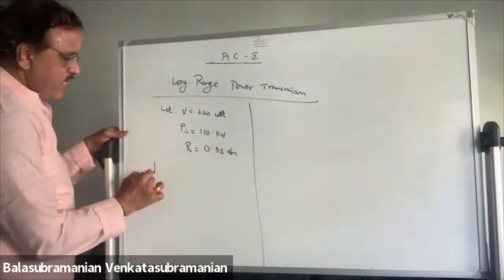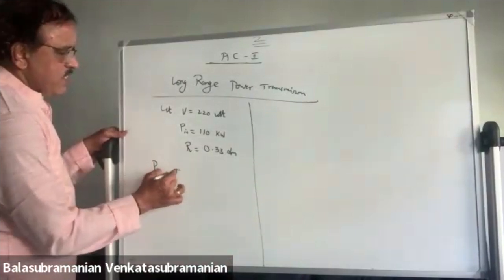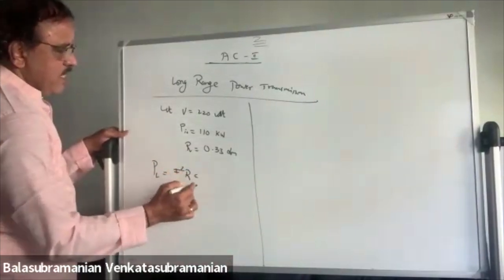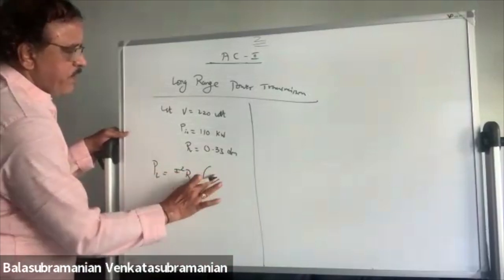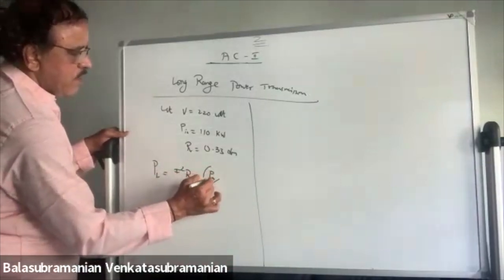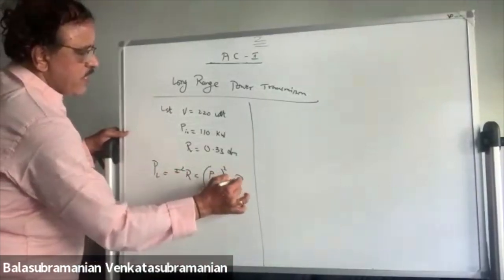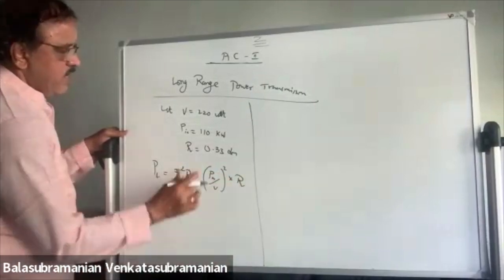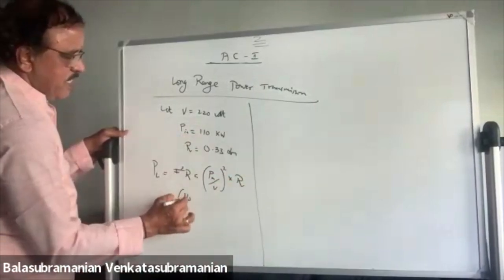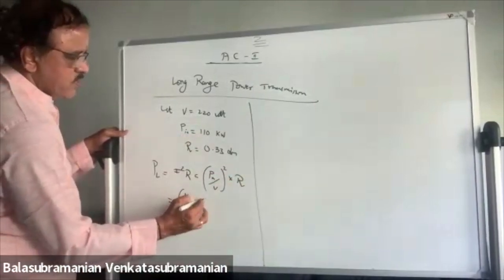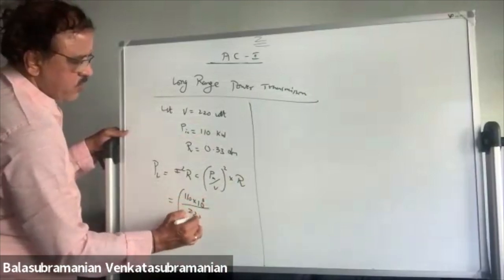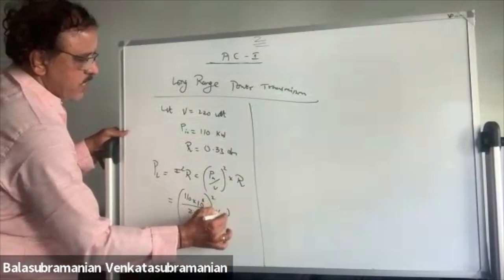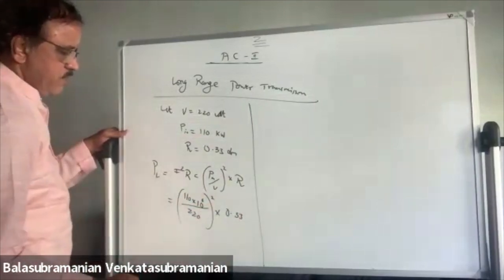Then what is the power loss? Power loss is I square R. I is nothing but P by V. So it is (P by V) the whole square into R. What is P? 110 kilowatts by V, 220, whole square into 0.33.